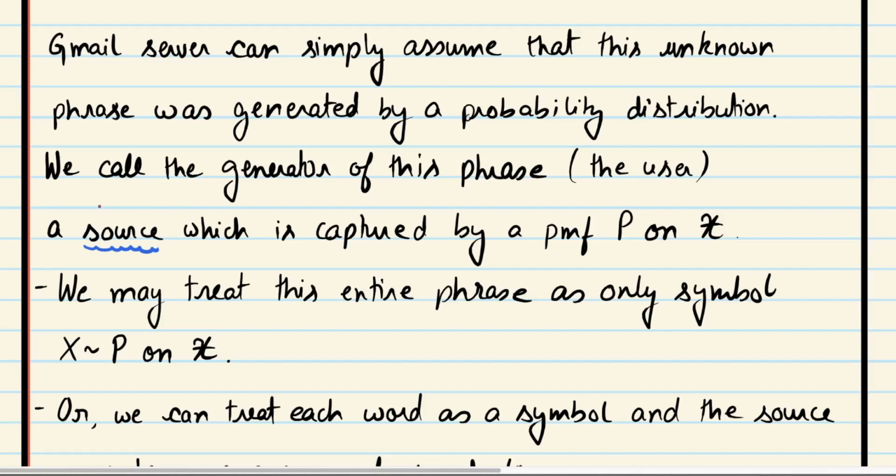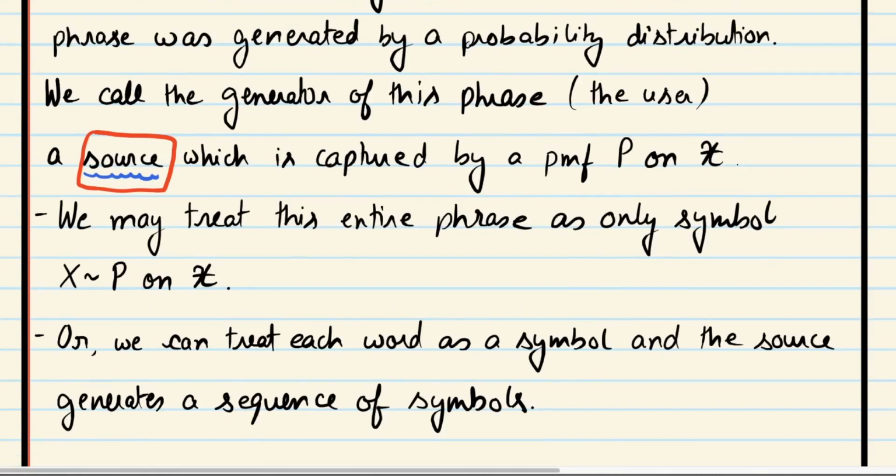You'll hear this phrase, a source, several times in this course, and this is the source of information. So this user can be thought of as a source, and this source generates outputs according to some probability distribution, which we capture by a probability mass function p on a finite alphabet, which we denote by this calligraphic X.